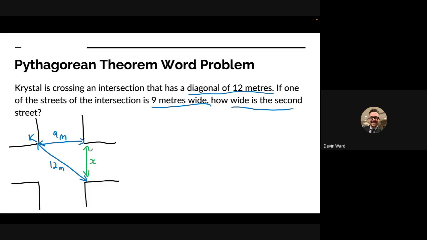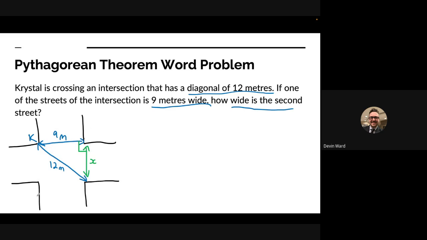But if you notice here, assuming that we're not talking about something like Niagara Street that's cutting everything in half, but if we're looking at, say, Limwell and Vine Street, they cut each other at 90 degree angles. So right here is 90 degrees.